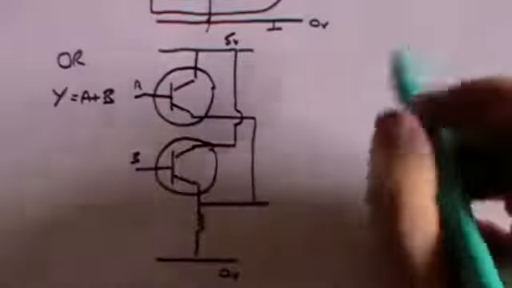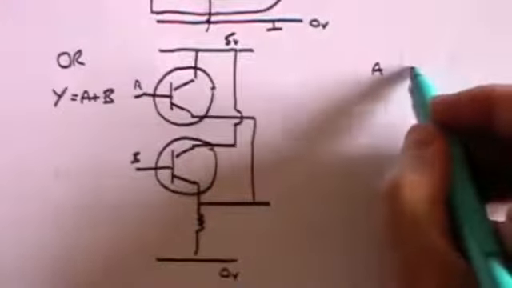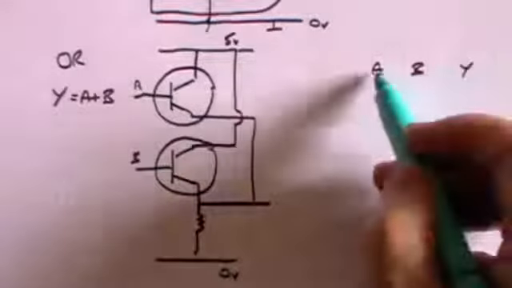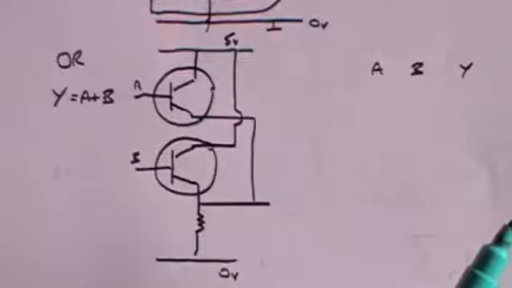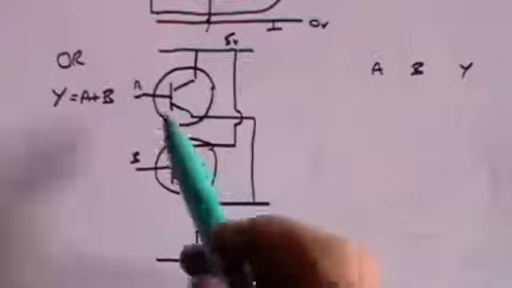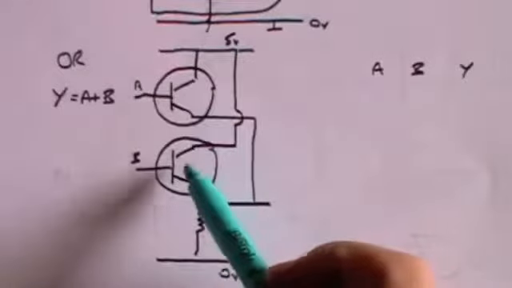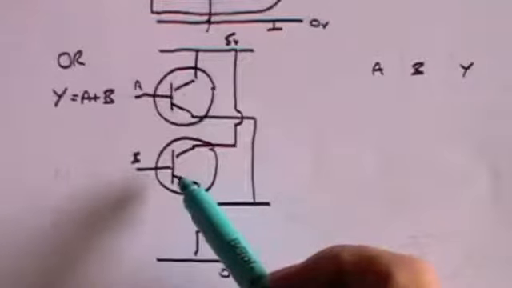Now let's draw our truth table as we go along. The inputs A and B, the output is Y. Let's now ask what happens if A and B are both 0. If A and B are both 0, then these two transistors acting as switches are both open.